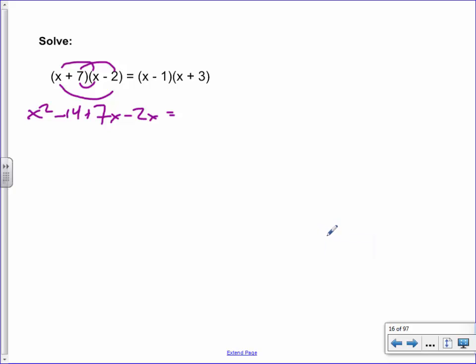Well, do the same thing on the other side. X times x, x squared. X times 3, 3x. Negative 1 times x, negative x. Negative 1 times 3, minus 3.